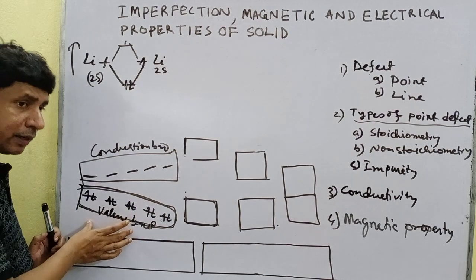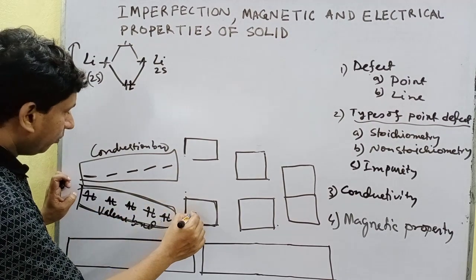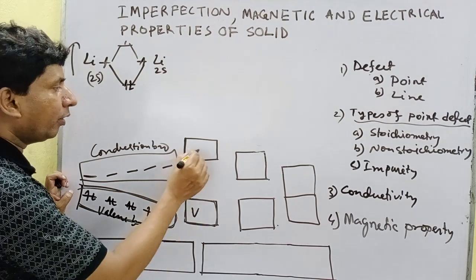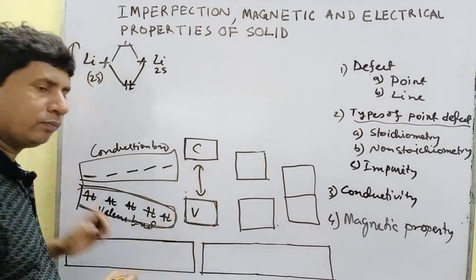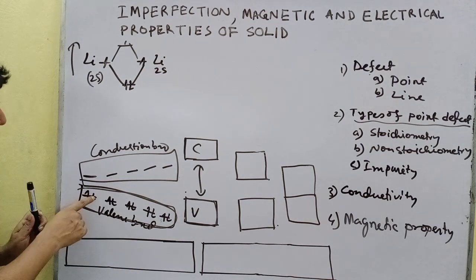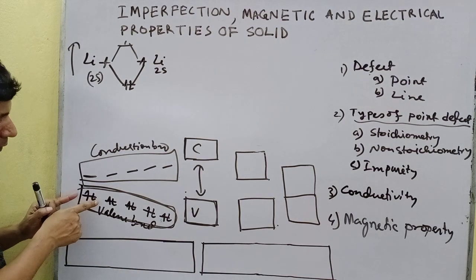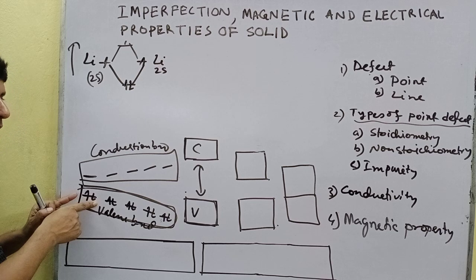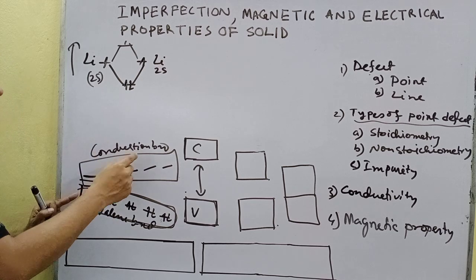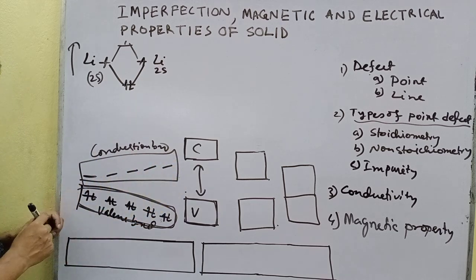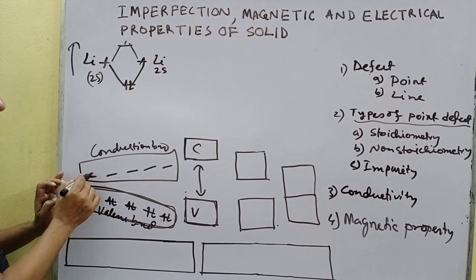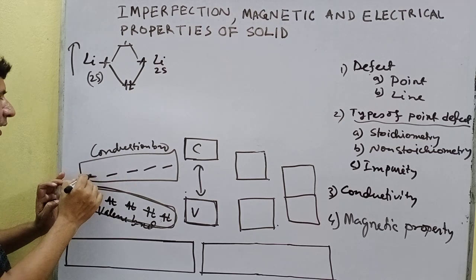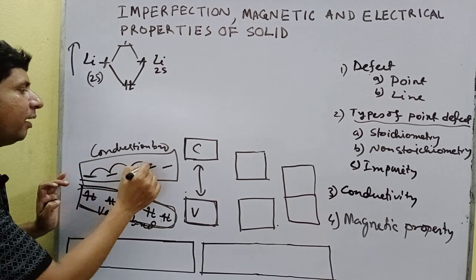If the energy gap between the valence band and conduction band is small, that means if one electron can transfer from the valence band to the conduction band, then the electron will move from here to here.